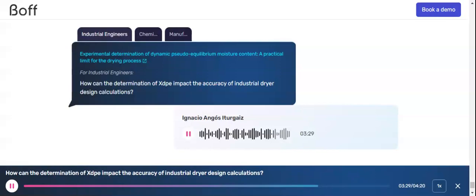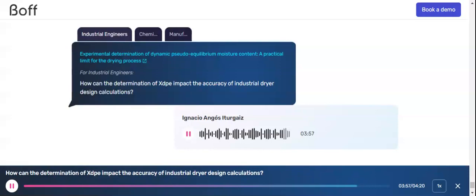This moisture content changes with the drying conditions, and it is higher than the equilibrium moisture content. It's also lower than the moisture content normally used for storage, about 10% on a wet basis, for moderate to high temperatures. However, it can be higher than the storage moisture content at moderate to low temperatures.